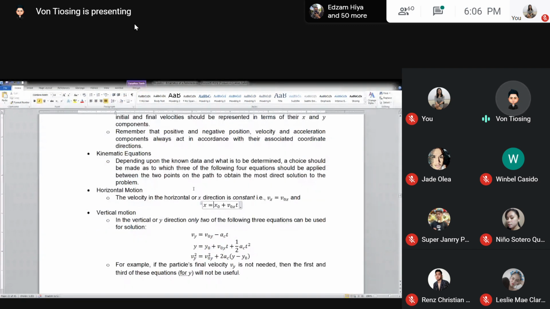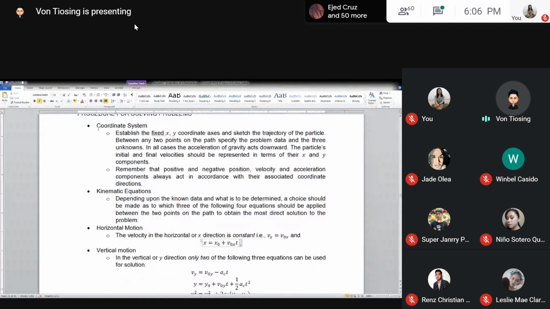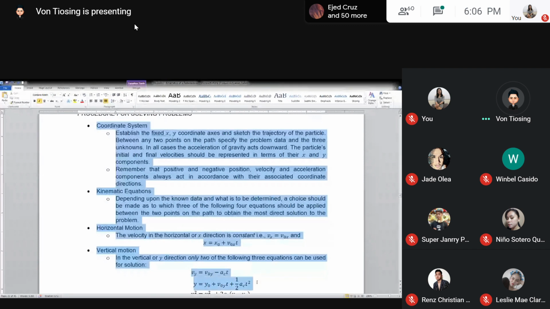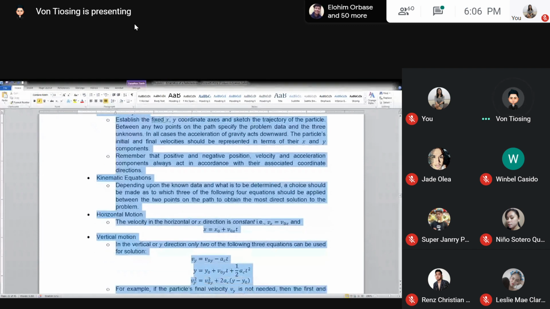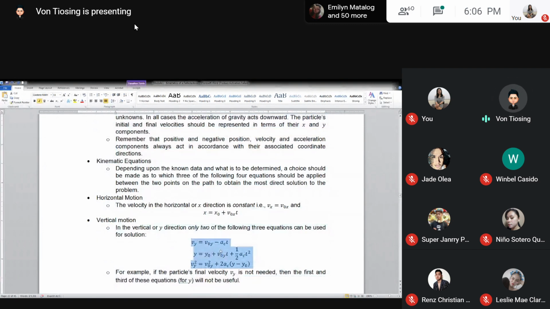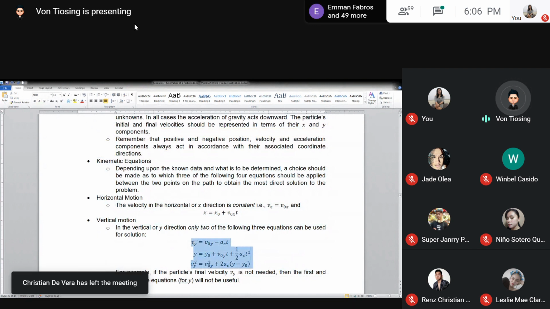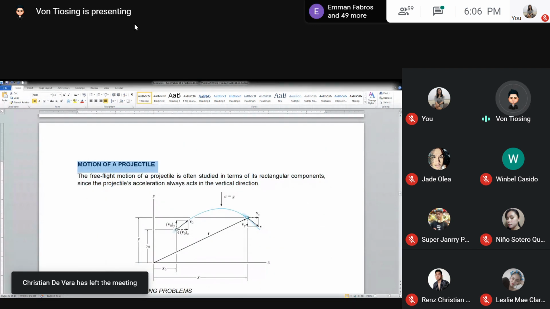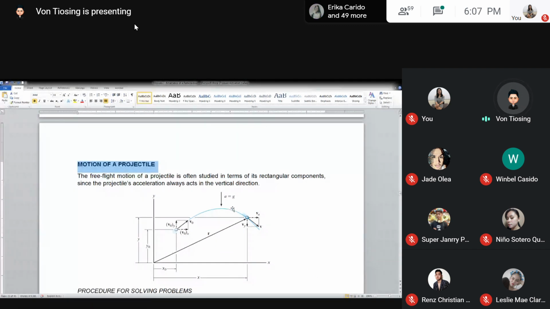So, i-discuss ko na lang ito pagdating sa problem. Kasi mas ma-appreciate nyo ito pag pumunta tayo sa problems. So basically, gagamitin natin itong mga formula na nandun sa rectilinear motion. But in this case, sinama ko siya sa curvilinear motion kasi yung path ng motion ay curvilinear, component na linear, yung isa ay constant velocity, yung isa ay free-falling body.